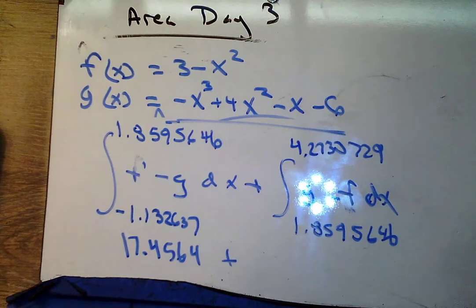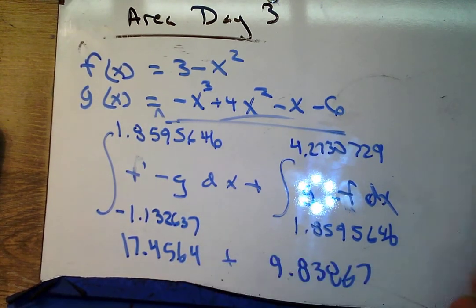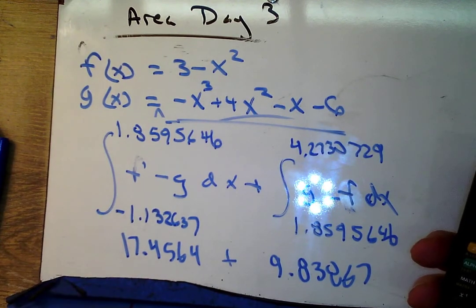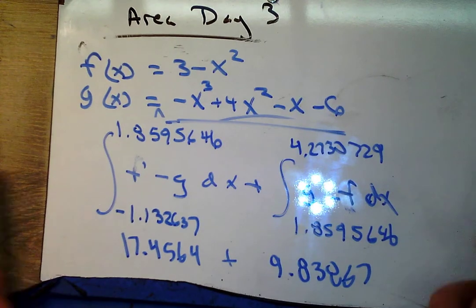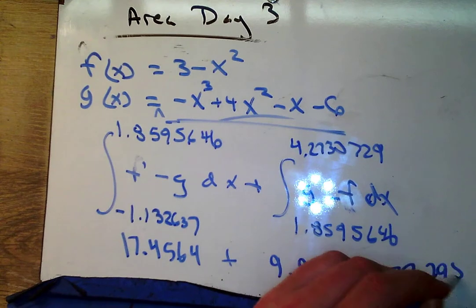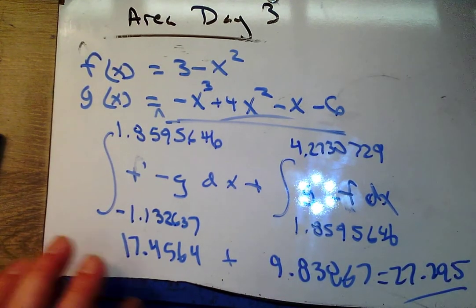And that one is 9.83867. So if we add these together, we have 17.4568482. And remember to round to three places, I get 27.295. All right, there's our total area.